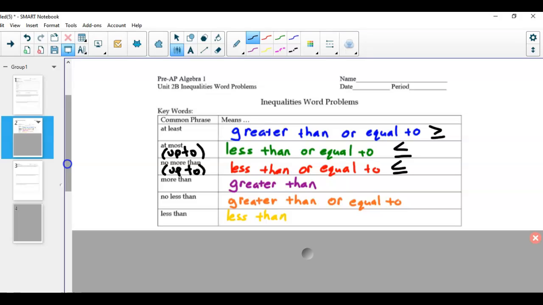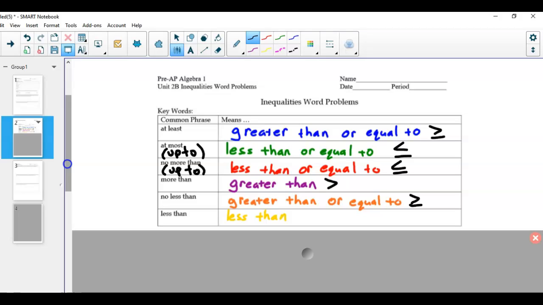More than, when we are reading it for inequalities, is not addition, it's just greater than. No less than would be greater than or equal to. No less than is the opposite, we're thinking the opposite of less than. I can have no less than 3 a day.